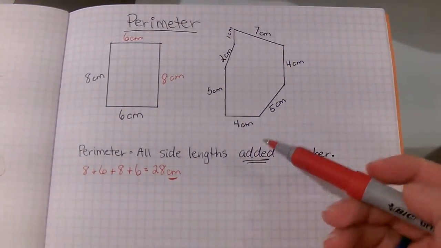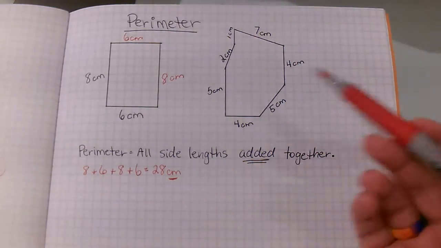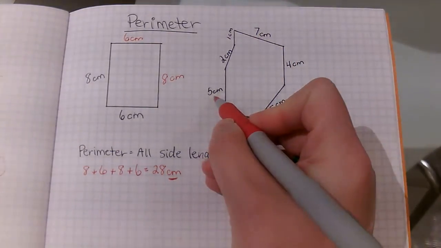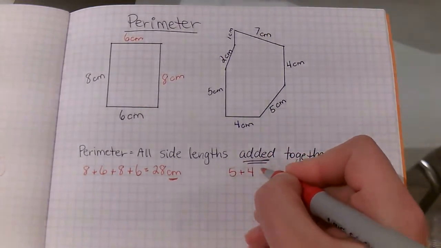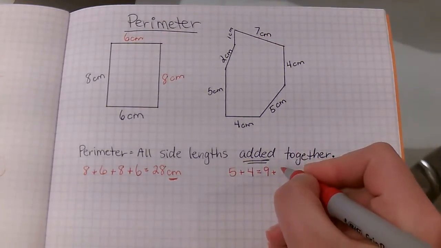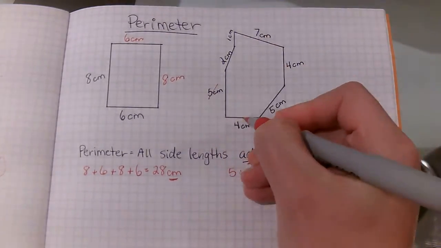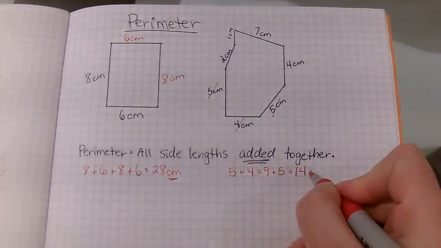So the next shape is kind of an odd shape, but we give you all of the measurements of each line. So we're just going to add them together. So I'll start here with my 5 plus 4. I'm just going to start adding them as we go. Plus 5. If you want to stroke them off as you go so you know that you've covered it, you can.